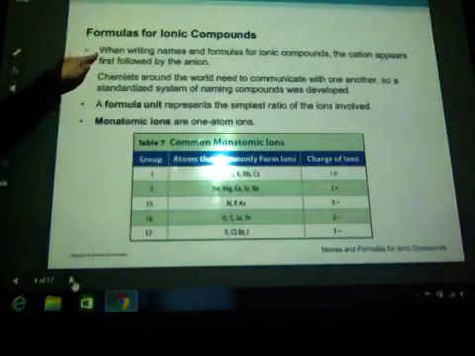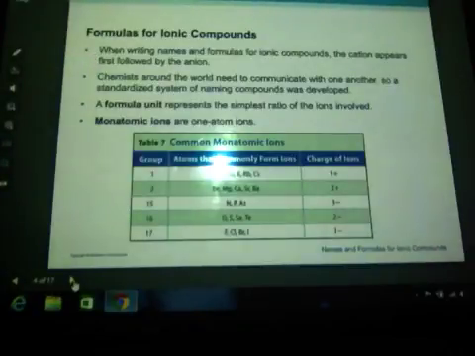So when writing names and formulas for ionic compounds, the cation is always first. Positive charge first, negative charge second, every single time, no matter what. So in a normal binary compound, the metal is first, the nonmetal is second.